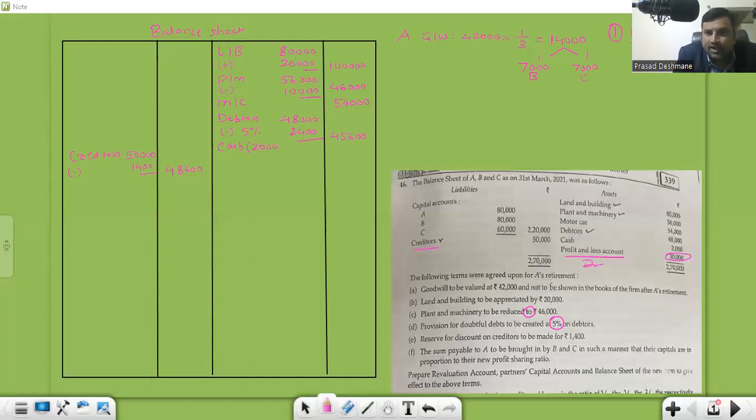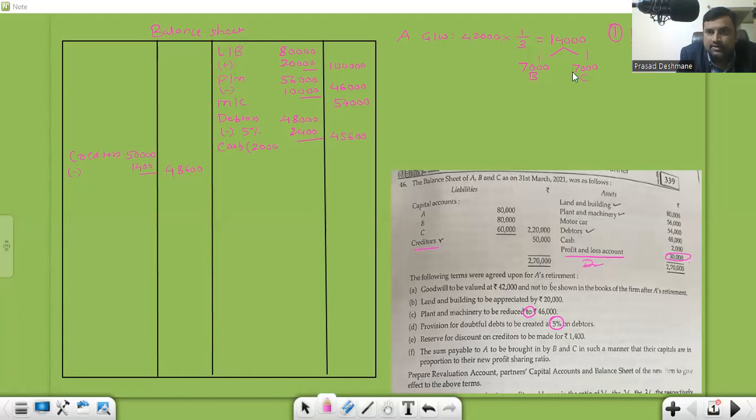The sum payable to A brought by B and C means this is an adjustment of capital in retirement. How to do this? For that, there are some terms and conditions already given to you in the notes section. Do you remember that there are 4 steps? Step 1, step 2, step 3, and step 4.